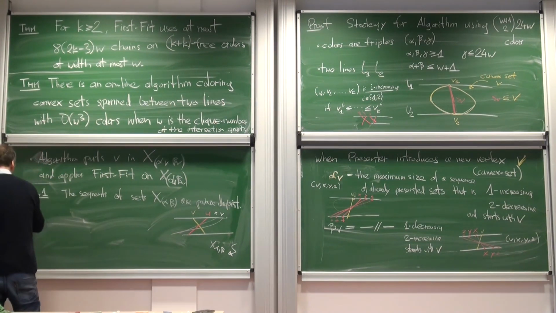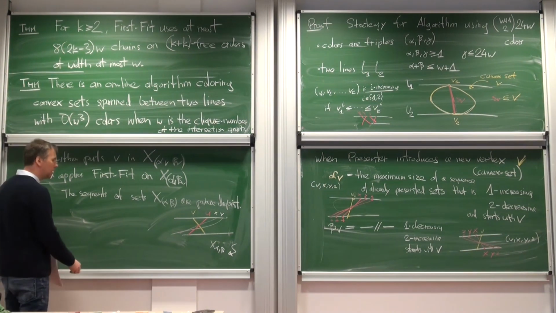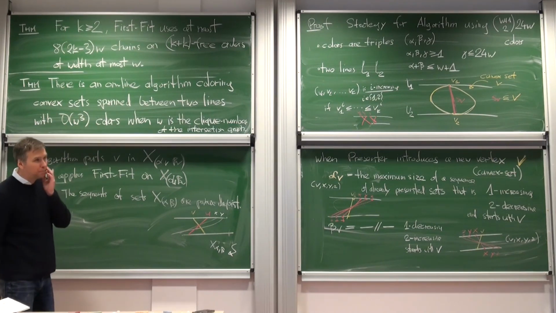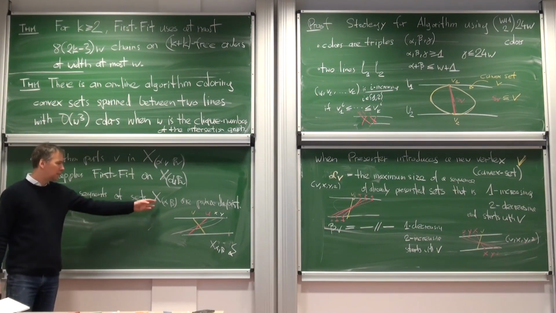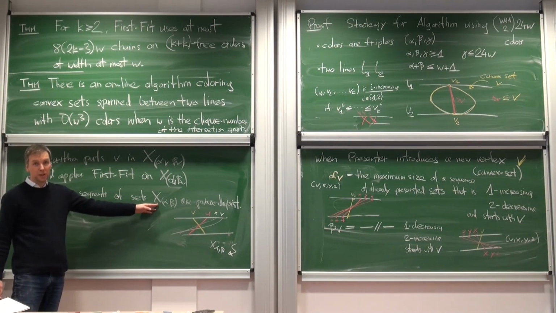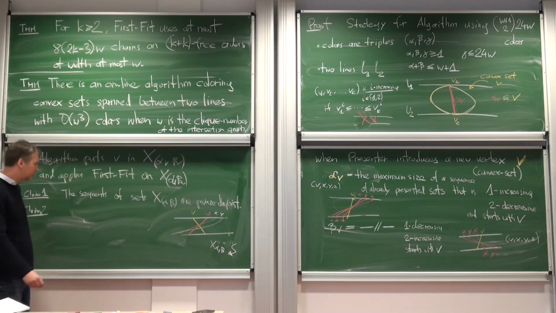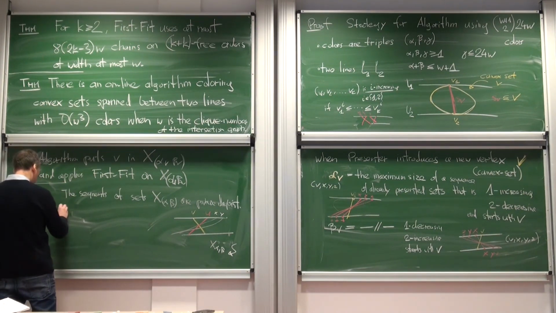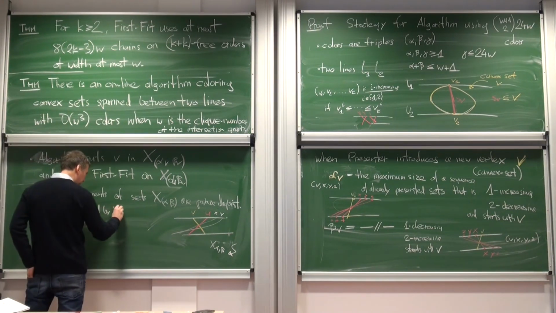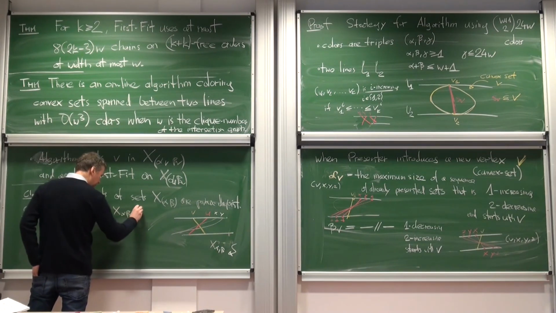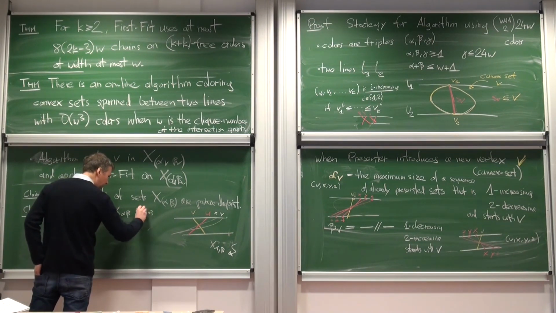And now we have the second property, and the second property is that the poset induced by sets in a fixed box is 3 plus 3 free. So the poset induced by X alpha beta is 3 plus 3 free.